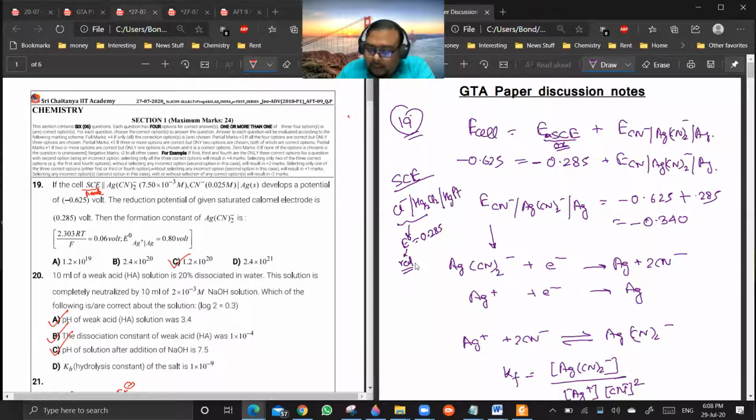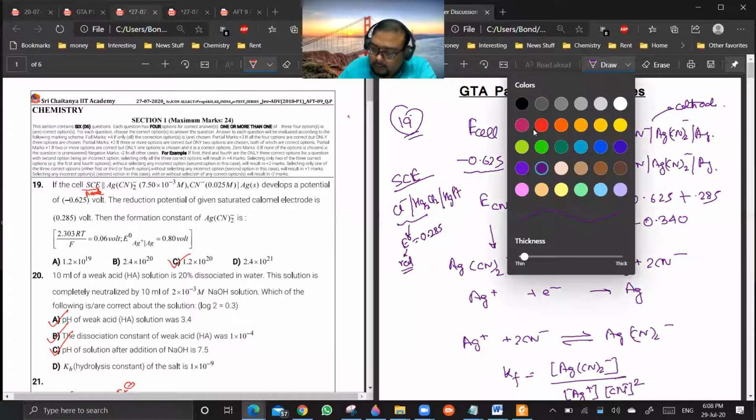So I can write E cell as E naught of oxidation at the anode plus E reduction at the cathode. Now E cell is given to be minus 0.625. The oxidation potential for the standard calomel electrode will be minus of 0.285.